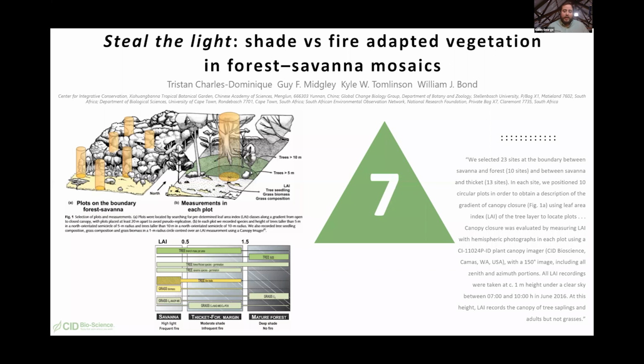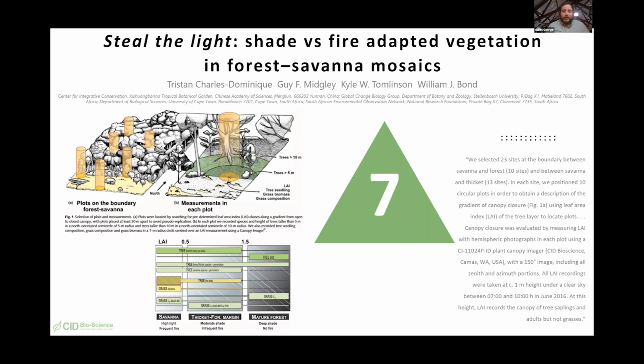how the canopies change from the mature forest to the thicket forest margin, the in-between space, and then the savanna, and how that change in canopy cover and canopy density influences fire susceptibility and things of that nature.